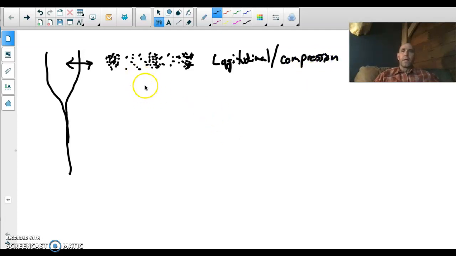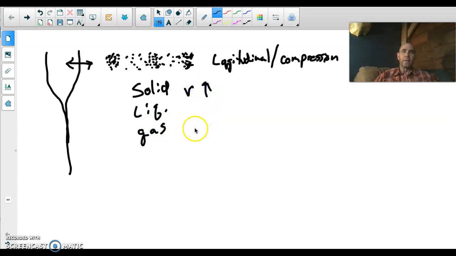The medium could be a solid, a liquid, or a gas. The speed of sound is actually faster in a solid, and the speed is slower in a gas, because the molecules in a solid are closer together by nature, which makes it a solid, and the molecules are farther apart in a gas.